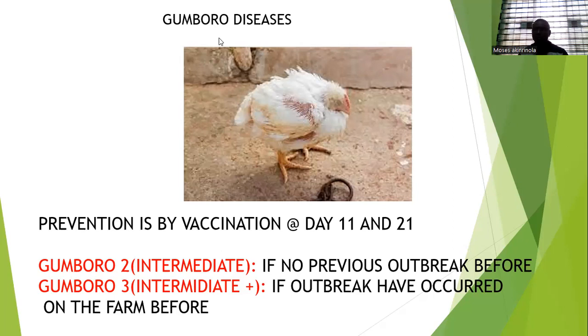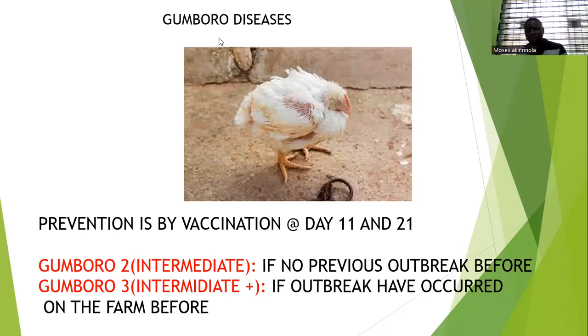Now, Gumboro disease can be prevented by vaccine. Vaccination is very important. I will still talk a little bit about that. It can be prevented by vaccination at day 11 and day 21. That is when you can use it. You use it at least at a 10-day interval from the first dosage.